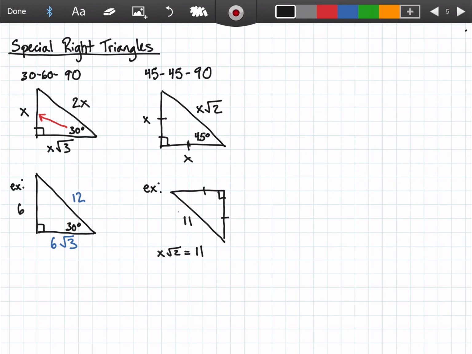To find the other side lengths, I'm just going to divide both sides by square root of 2. Oh, roots in the denominator, hate that. So we've got to rationalize it. So I get 11 square root of 2 over 2 as my other two side lengths.